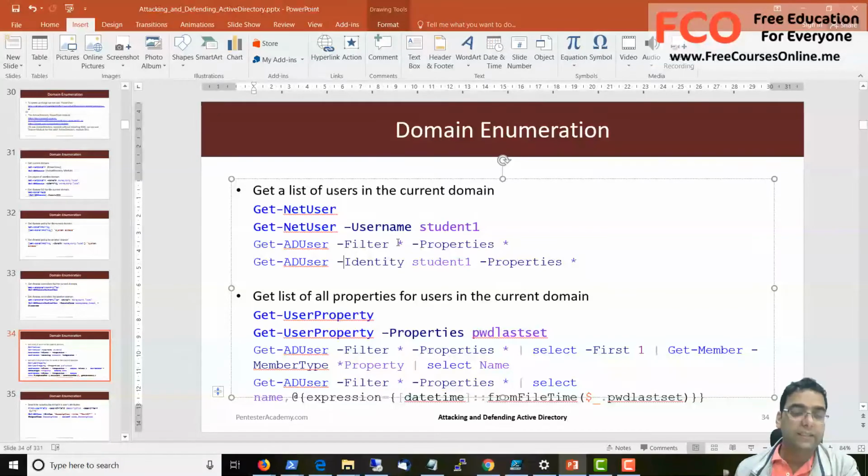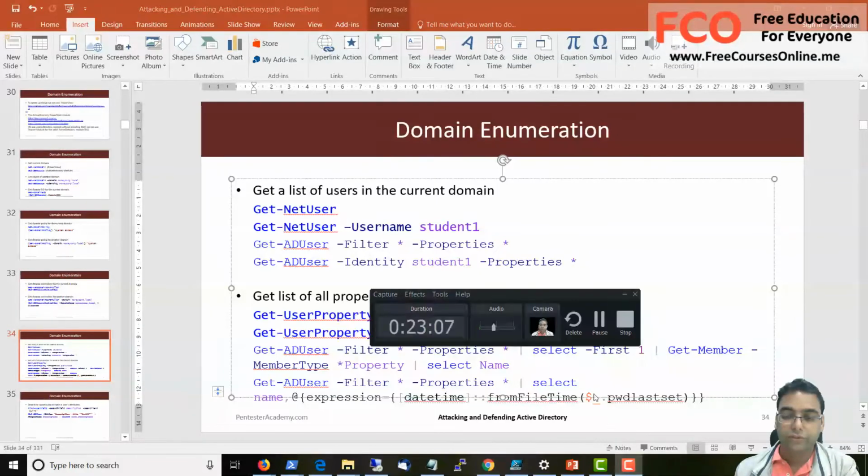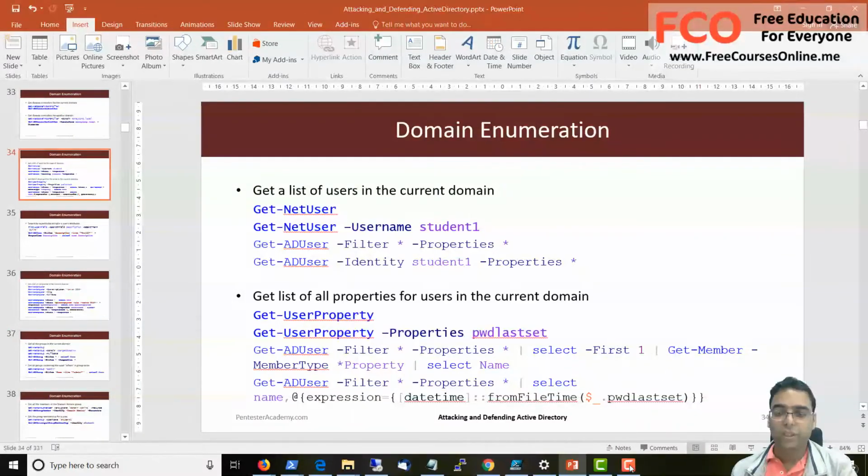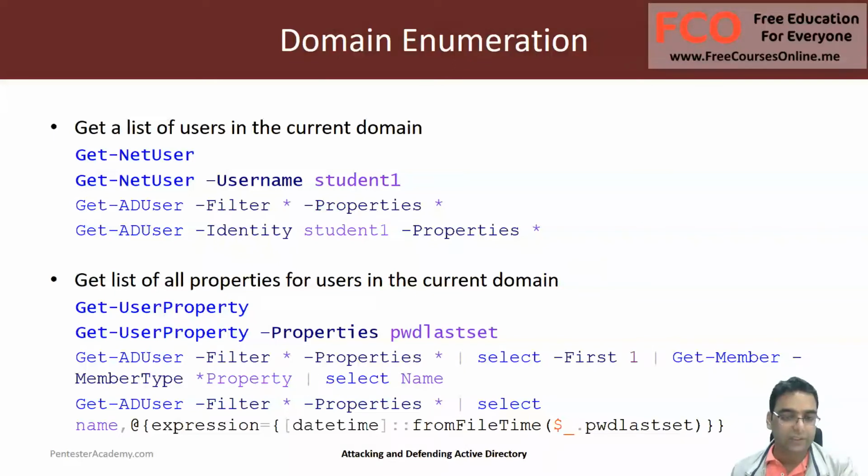Now a user has a lot of interesting properties, right? A user has a lot of interesting properties which we can enumerate for interesting results. For example, you may like to have a look at all the properties of a user in the current domain.